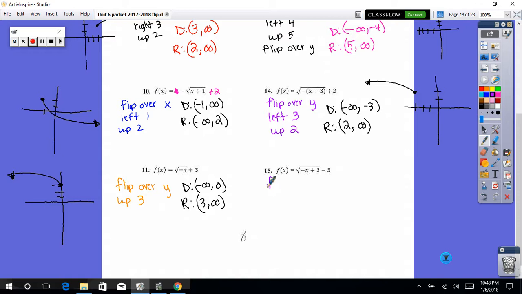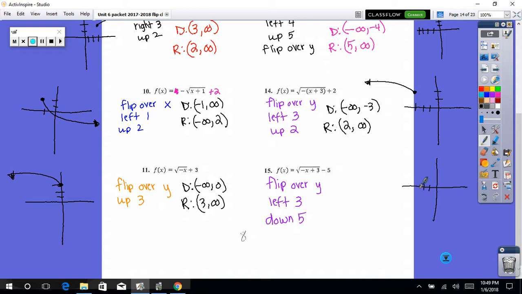And 15. Another flip over the y. Left 3 and down 5. Okay, again, out to the side, sketch yourself a picture.